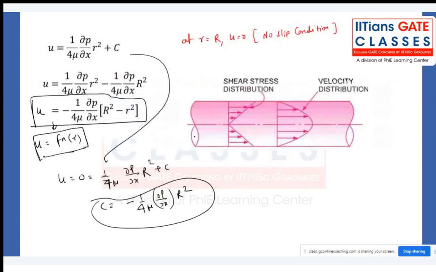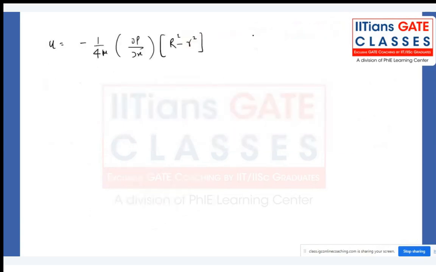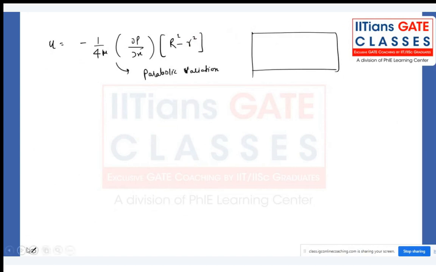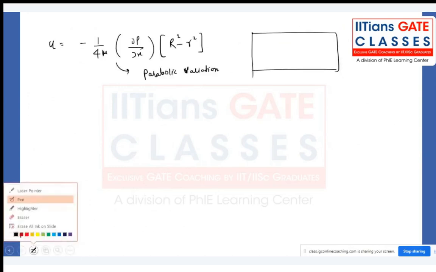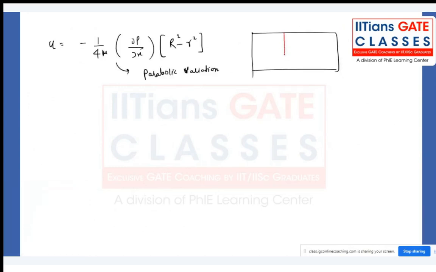Now, what is the maximum velocity? Everyone knows that the variation is parabolic. When this is a parabolic variation, the parabola will look like this, or like this.